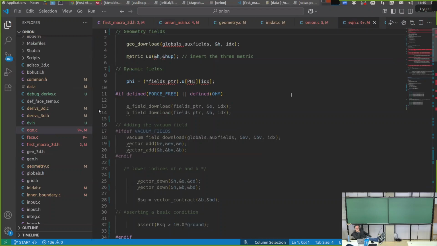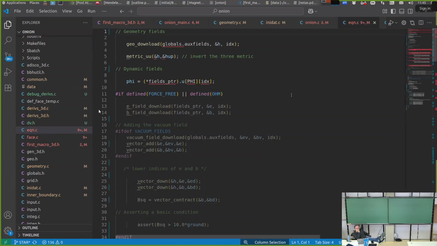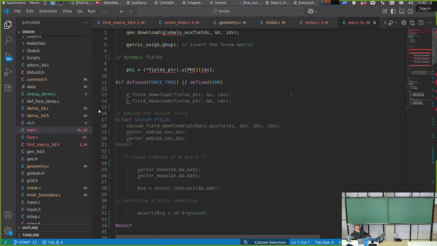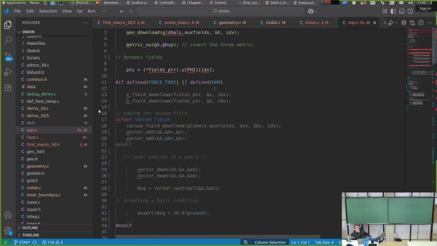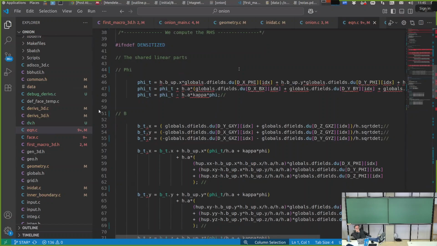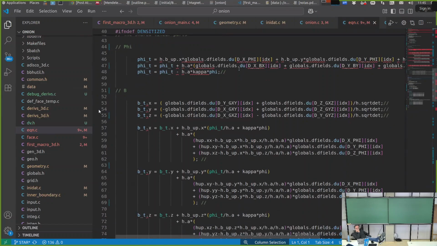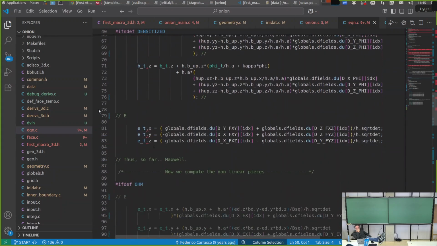So here is where the right-hand side is computed, the general one for most of the points. So you see here the metric is invoked. The fields are uploaded. And here you can see the right-hand side of all the fields. This phi is the divergence cleaning field, B is the magnetic field, and E the electric field.